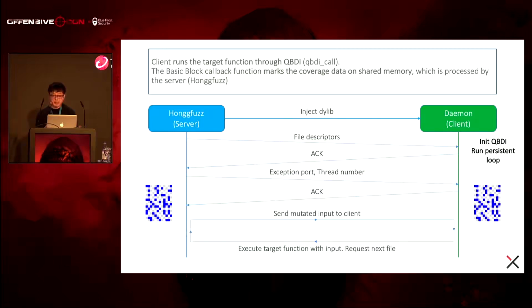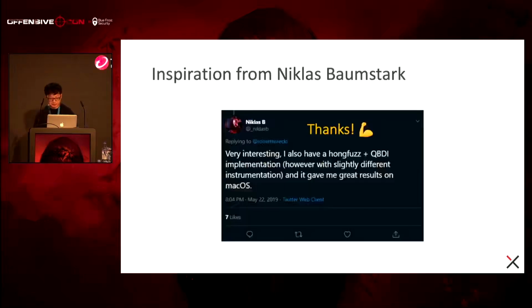Within the loop, the client essentially just calls the target function through the function QBDI call. This runs the function through the QBDI virtual machine, and the basic block callbacks will mark the feedback bitmap, which is also shared between the server and the client through file descriptors. Actually, there's a little more to this, but this is basically the gist of it.